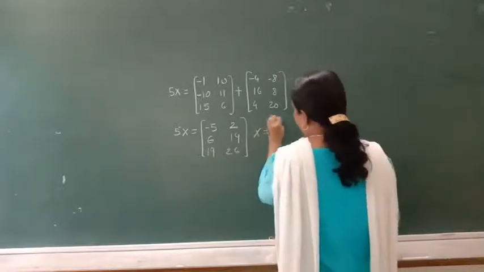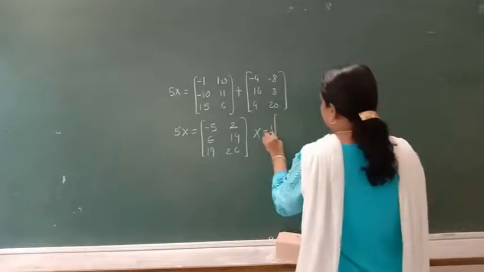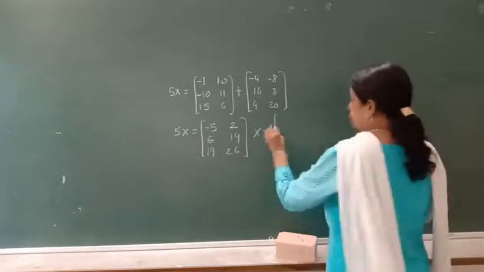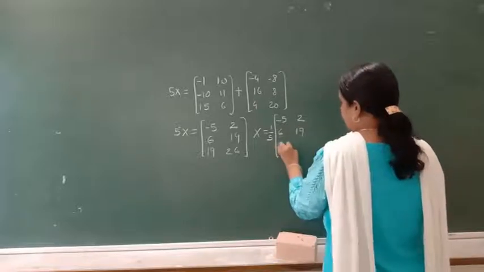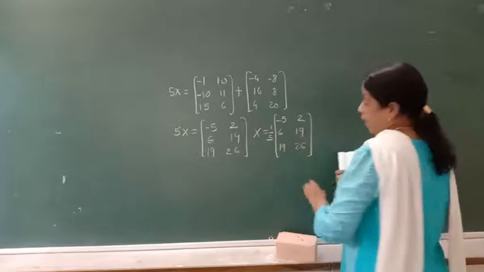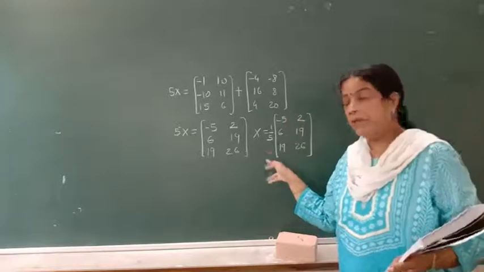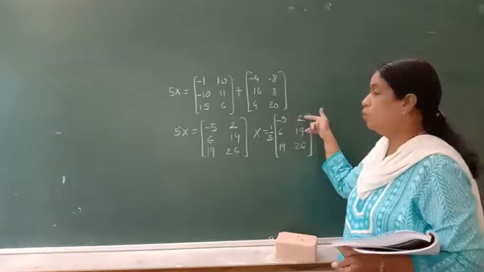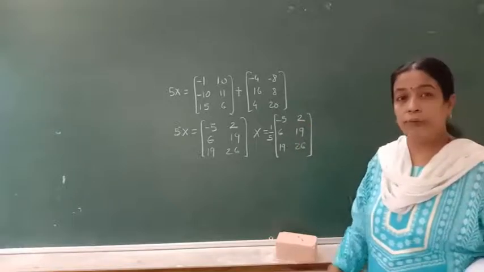So X will be equal to, you don't want this 5 here, so I will shift it: [-5 2 6; 19 19 26] divided by 5. You can also multiply by 1/5, that is -5/5, 2/5, 6/5, or keep it like this, then also it will be correct.